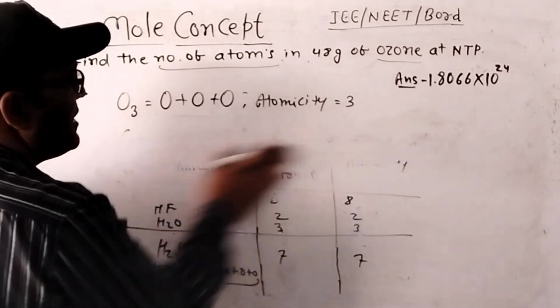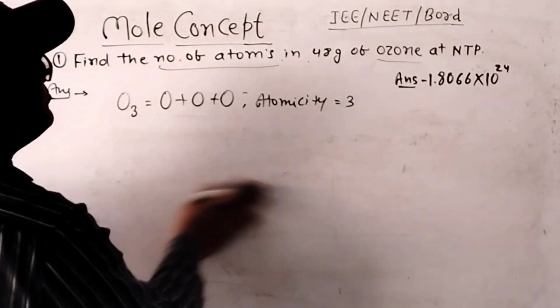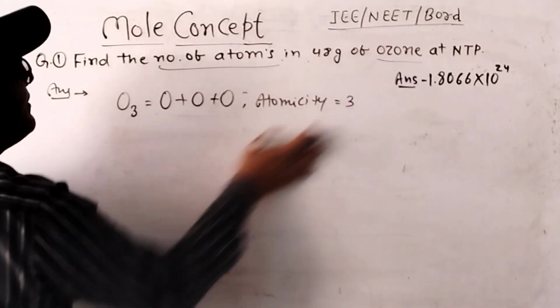Now according to the given question we can calculate the total number of oxygen atoms in 48 gram of ozone.